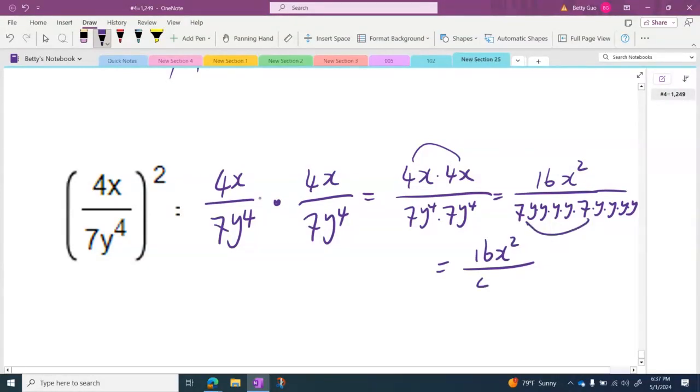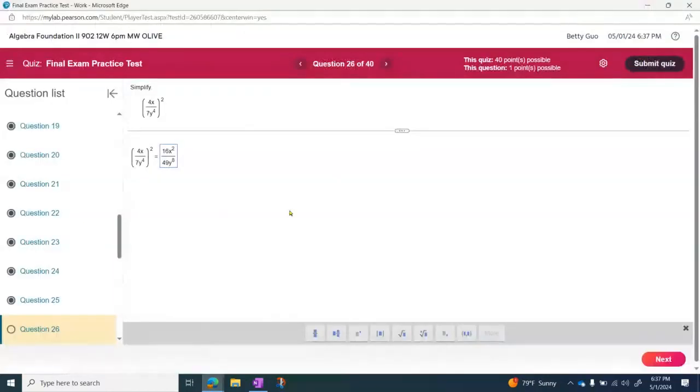The denominator, 7 times 7, 49, and 4 y's plus 4 y's, you have y to the power of 8. All right. So as long as you know the definition of exponential expression, you still can do the problem. If you don't know what an exponential expression is, then I cannot help you, because you're supposed to know the most basic thing. Then you should not pass.